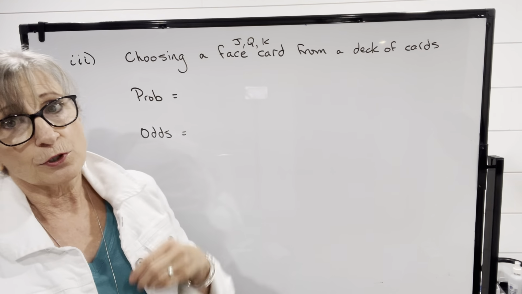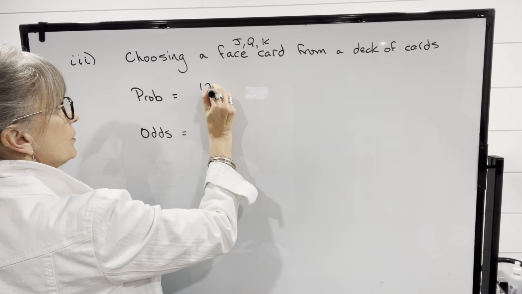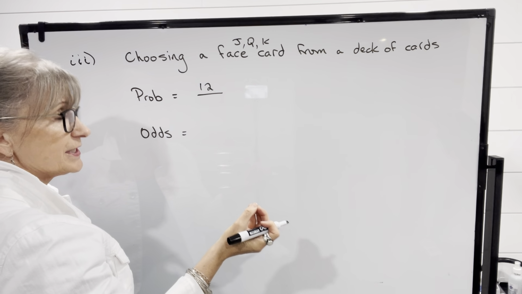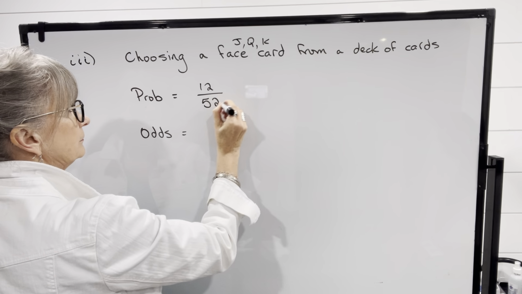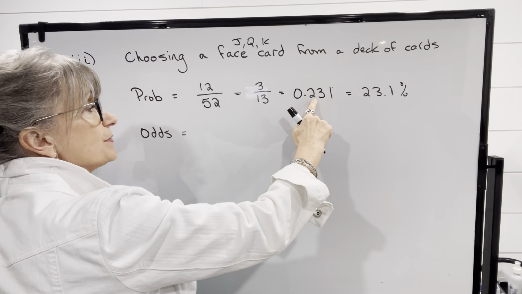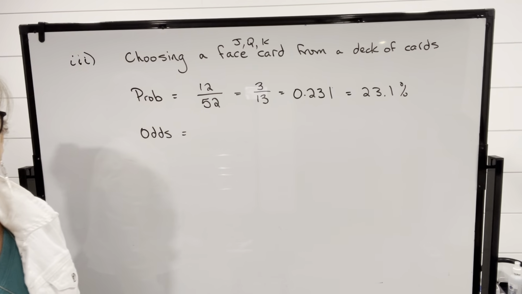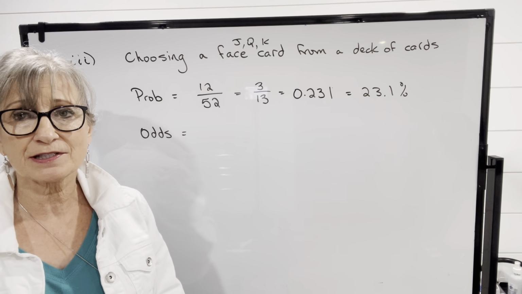Because there are 4 suits, 3 times 4, there are 12 ways to choose a face card. Out of how many possible outcomes are there when we choose a card from a deck? 52. That reduces to 3/13, which is 0.231, and as a percent, 23.1%. So there's a 23.1% chance of choosing a face card from a full deck of cards.